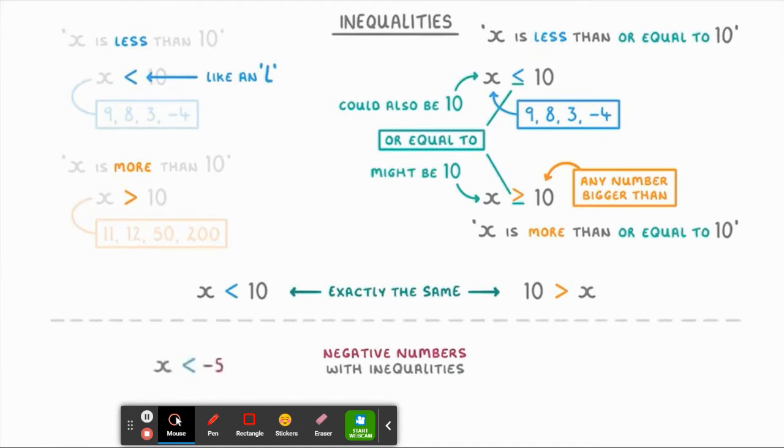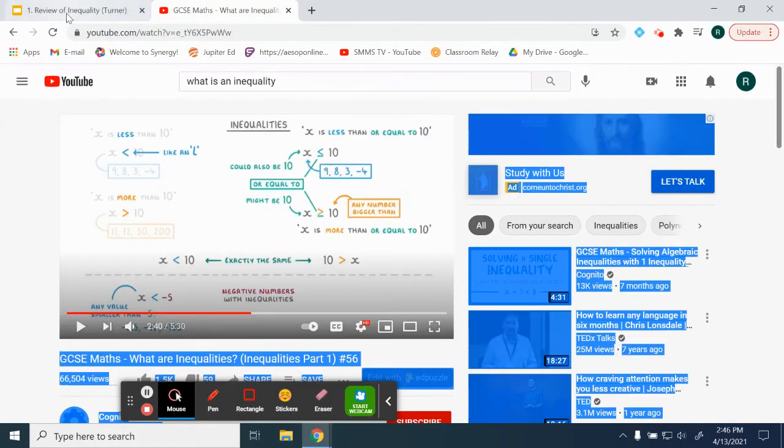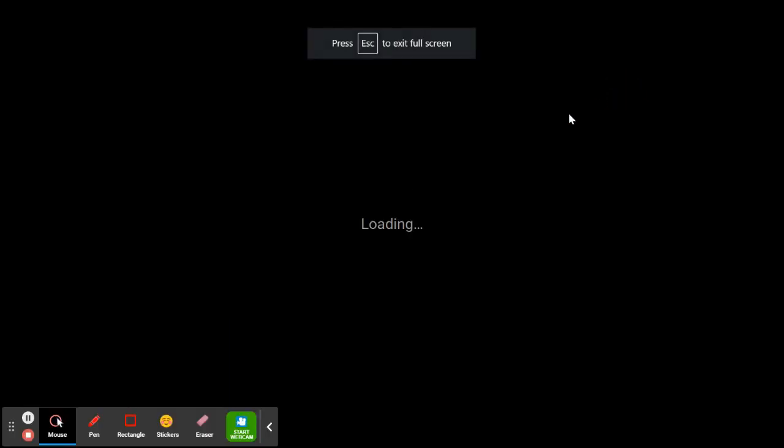For example, x is less than negative 5. It means that x can be any value smaller than negative 5. For example, negative 5.5, negative 17, negative 100, and so on. All right, I'm going to pause the video there and get back to our presentation.